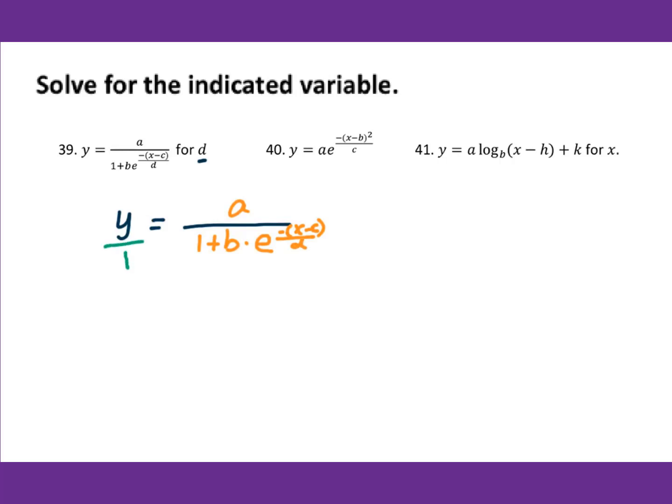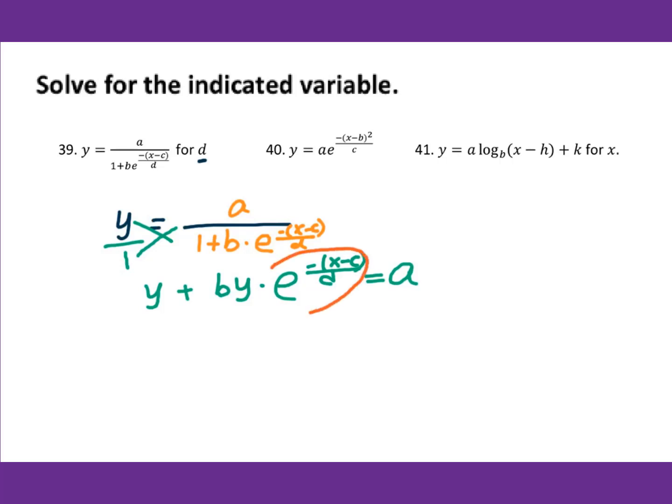First of all, we cross multiply, and get y plus by times e to the negative x minus c over d power equals a. This will be the exponential equation.